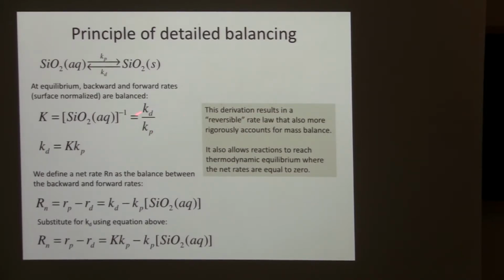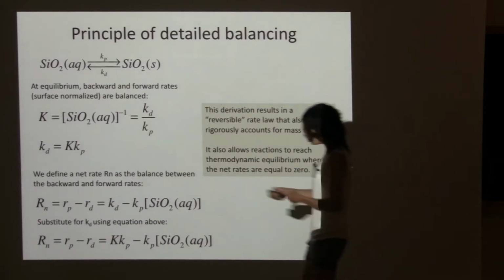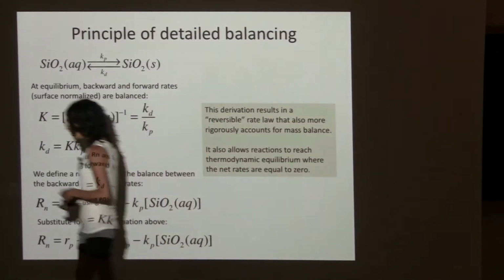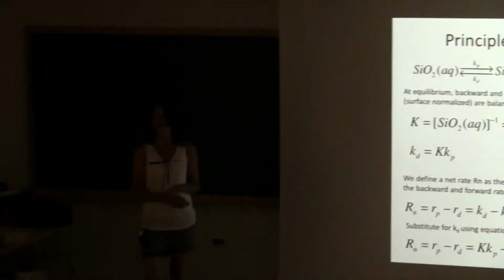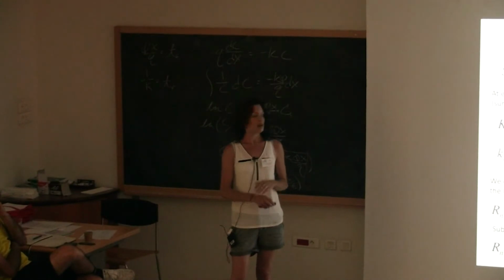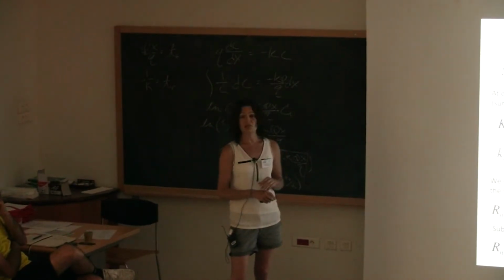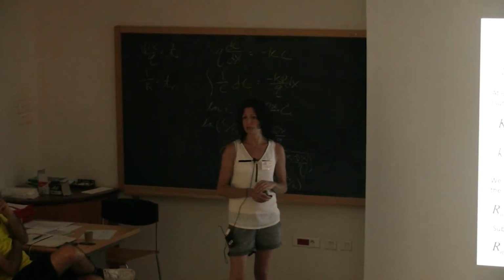So if we start to think about that balance, then in this way of thinking, this sort of dynamic exchange, the equilibrium constant is really reflecting the ratio of those two irreversible constants. What are they? That is a really hard question.